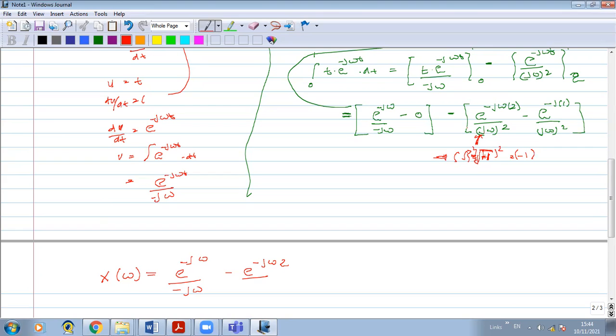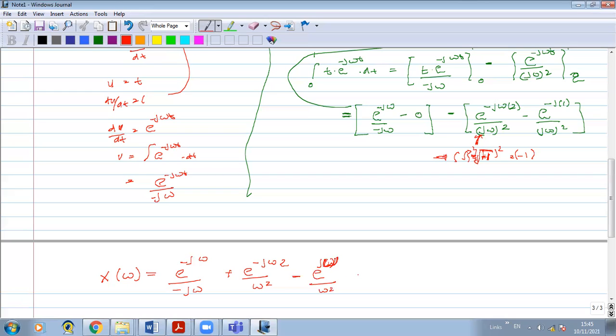So here minus 1 and minus, it will be plus, and we have only omega squared. And here we have minus minus plus. This minus and this minus, it will be plus, and j squared is minus again. So we have minus here. Omega is there, j omega is there.